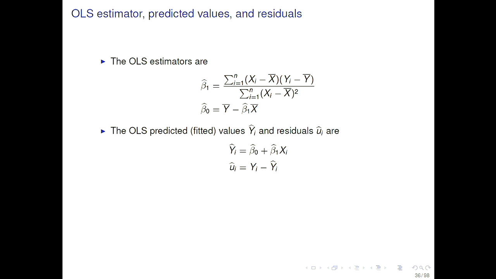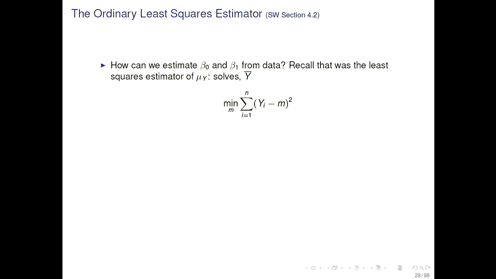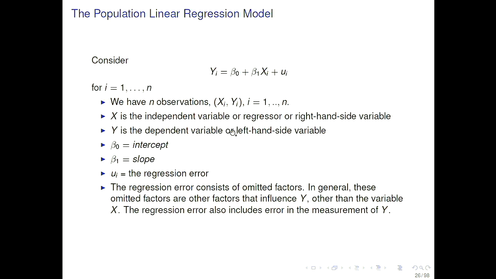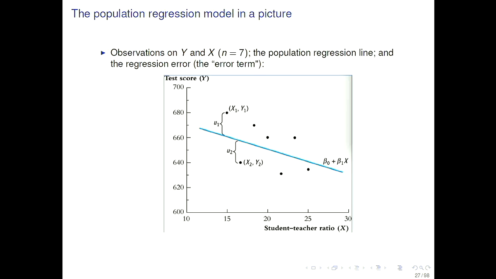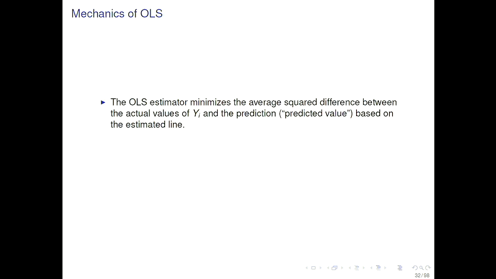So let me go back to error. In this slide, u is part of the population relationship. So u is a population quantity. You don't know u. If you know u, then that is not an error anymore. u is something that you cannot observe or compute.